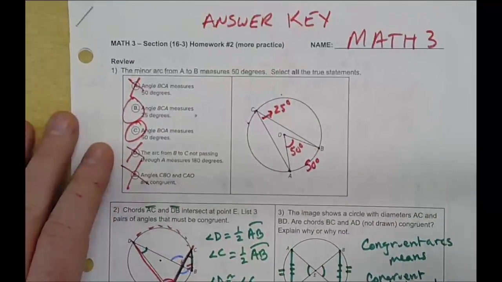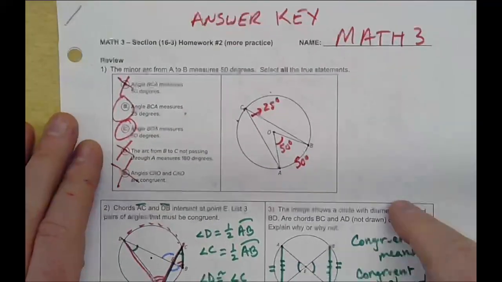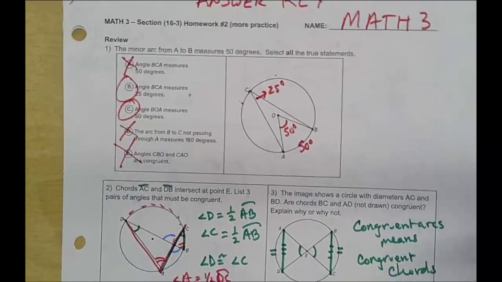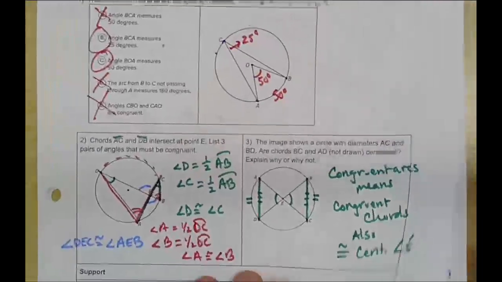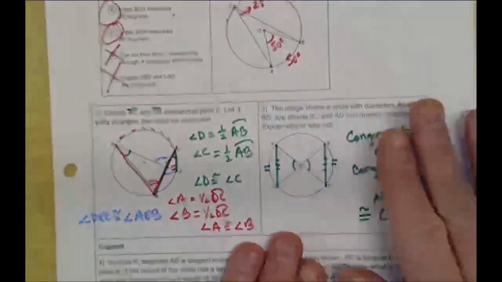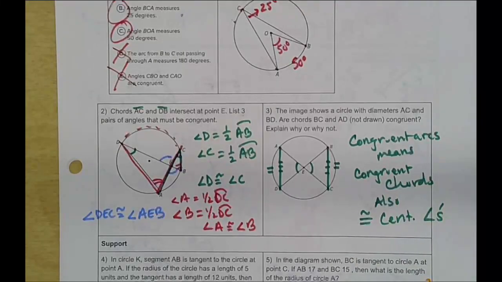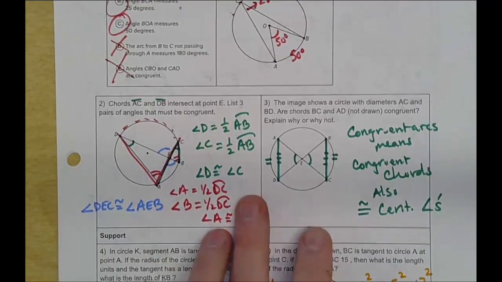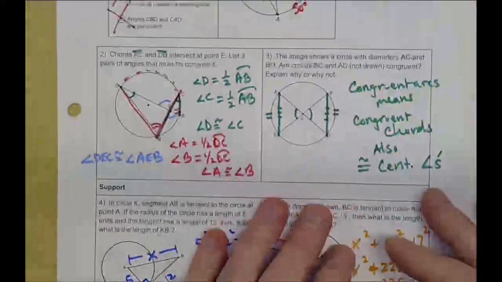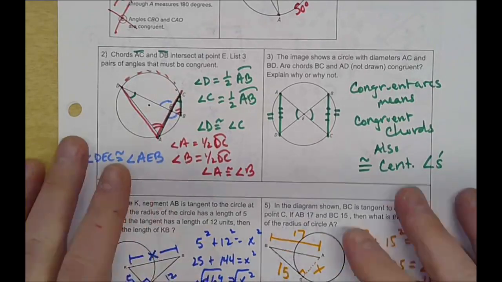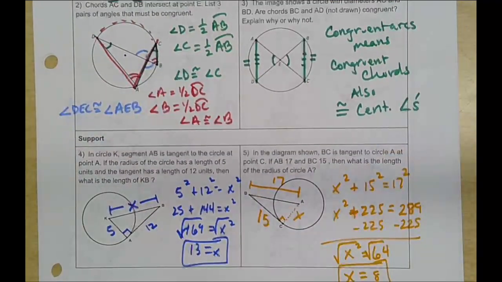What I'm going to do instead is I'm going to tell the sub, I'm going to change my plan right here. Hopefully you're listening. You're going to fill this all in. You're going to check it. It's going to be 100%, and then you're going to turn it into the sub. Once you do that, the sub will hand you the number 3 angle chase problem that we didn't get to last class.